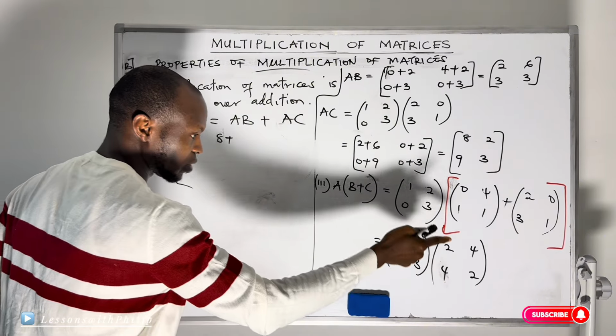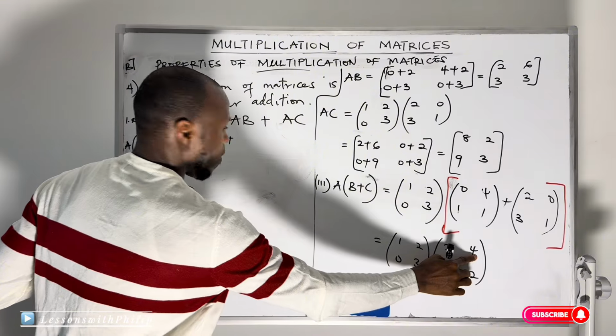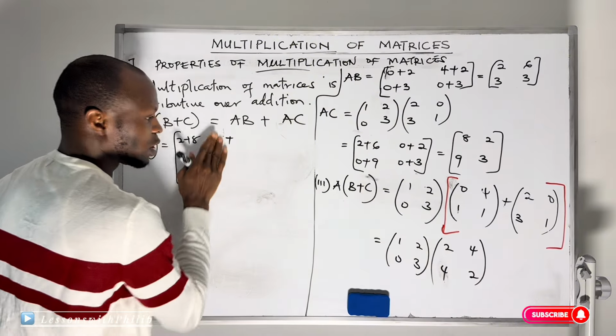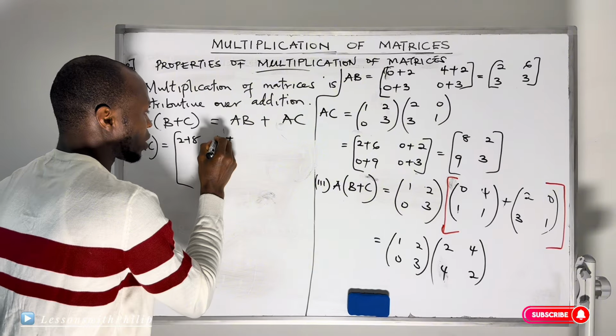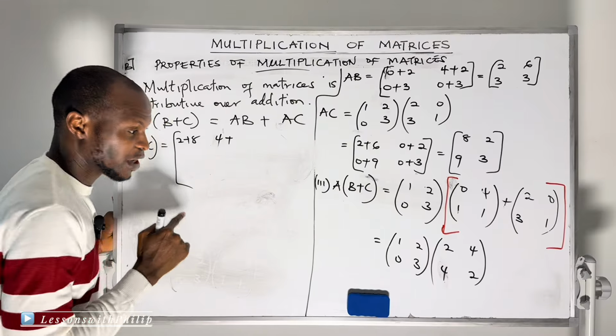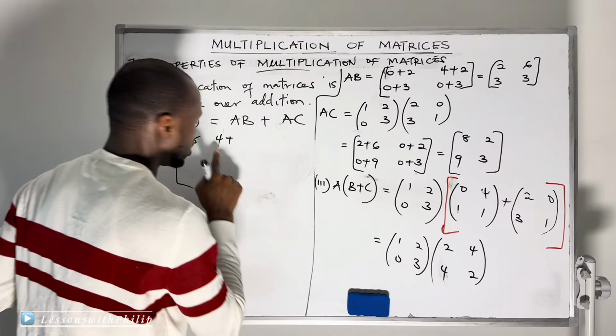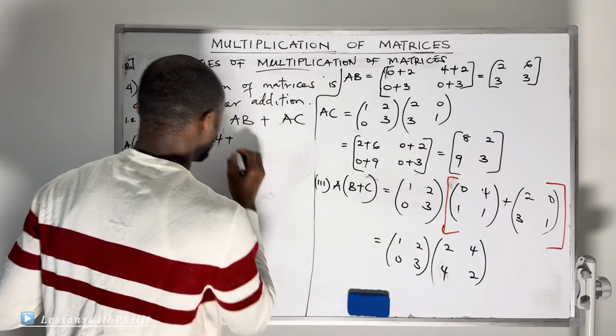Then we'll go to the second column. 1 times 4 is 4, plus 2 times 2, which is 4.